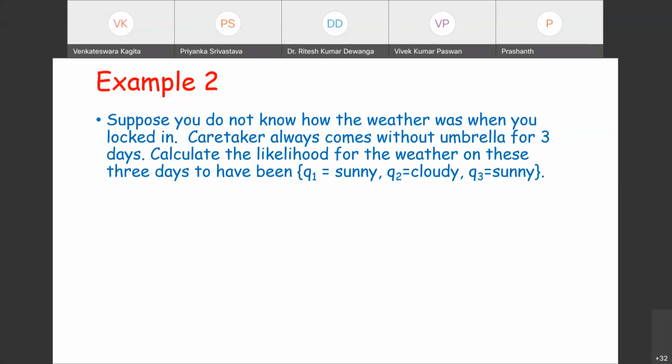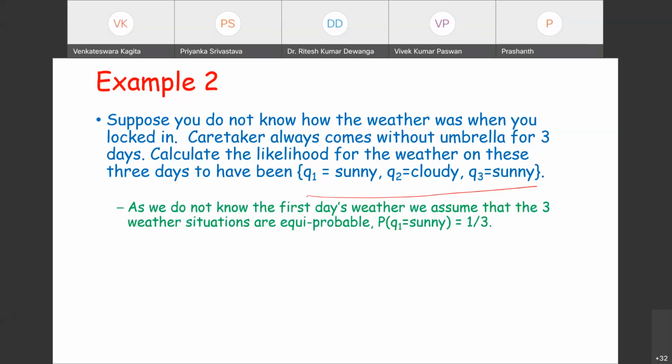Calculate the likelihood for the weather sequence: Q1 to be sunny, Q2 to be cloudy, and Q3 to be sunny. So this is the weather sequence. We are talking about the sequence prediction, probability of the sequence, not just one state. Probability of a sequence of states, based on our observations.